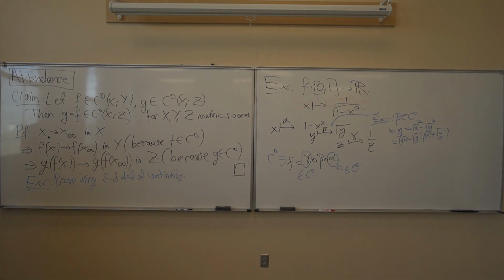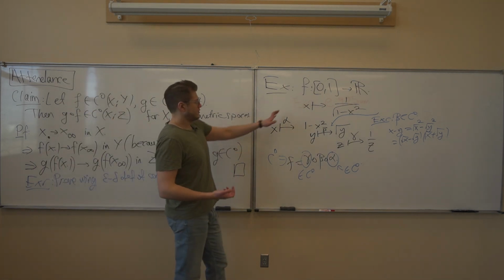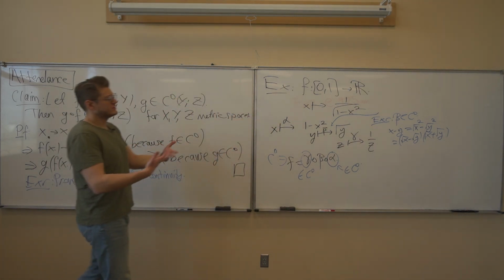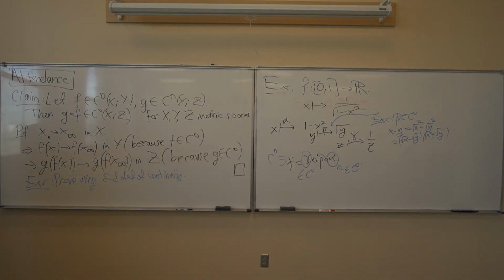That's an example. Of course, you can use epsilon deltas or whatever, but like I said on Wednesday, as you get more and more abstract, you want to do as little math as possible. Okay. Any questions about this?